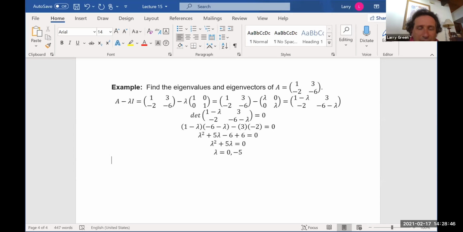Any questions so far? Okay, so I have now found the eigenvalues for this matrix. Any questions on that? Now, for each eigenvalue, we can look for eigenvectors. How do you think we can find eigenvectors?